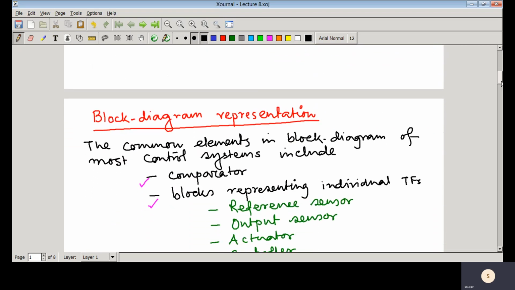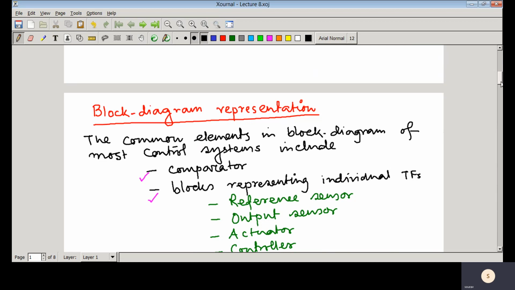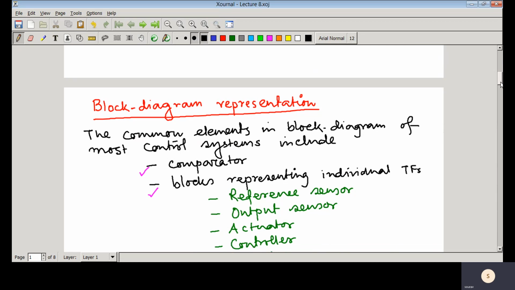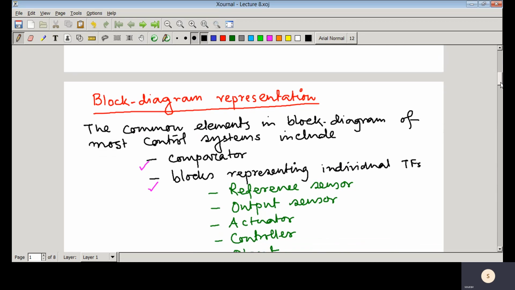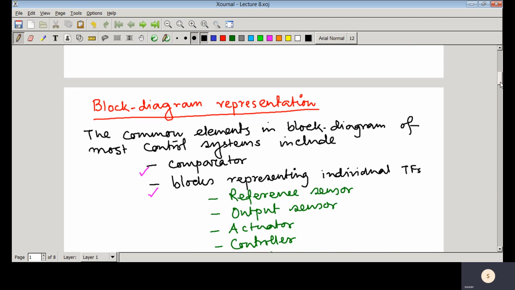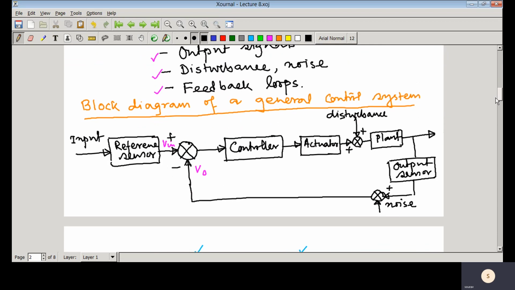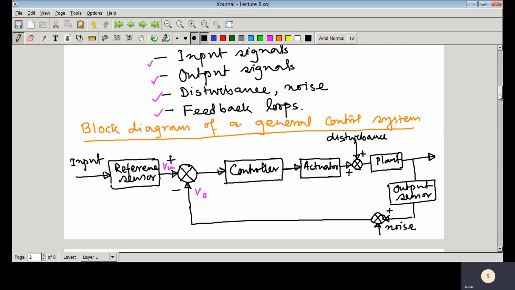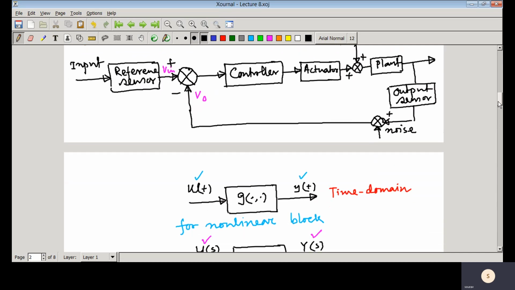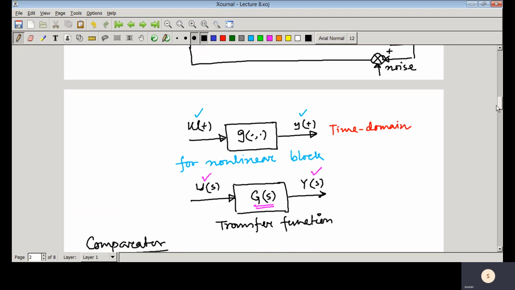Then we have learned some terminologies of block diagram representation, that is the comparators. These are actually not terminologies, these are some important blocks involved in block diagram representation. And this is the closed loop transfer function, and we have seen what are the important blocks involved in the closed loop feedback control system.